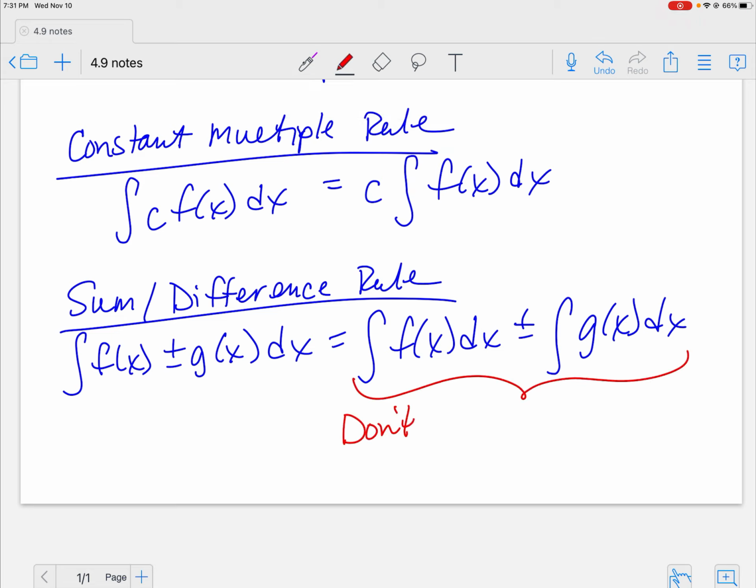Don't do this on your paper. We just know that this is the rule so that we can break this up as we need to, right? But we're not going to put that on our paper. We're just going to take the antiderivative of each piece.